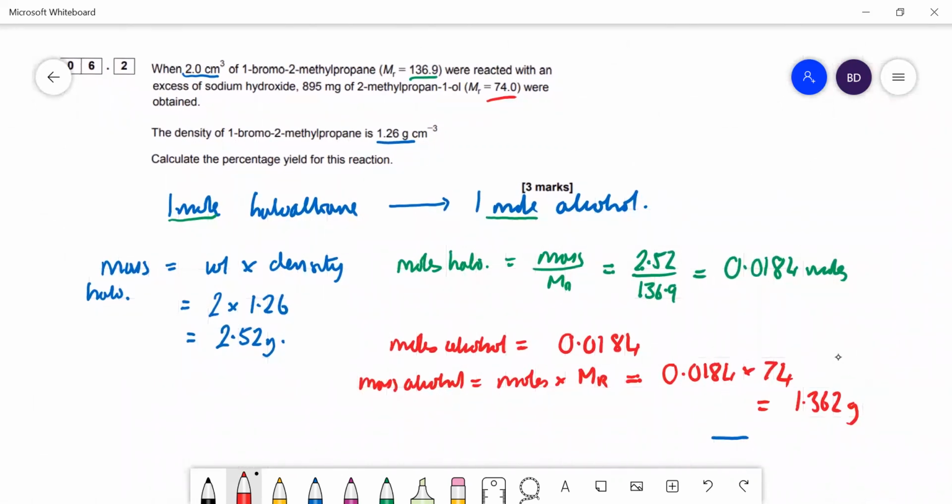Now, how much did they get? They got 895 milligrams. Okay, so percentage yield is actual over expected multiplied by 100. The actual yield was 895 milligrams, so that's equal to 0.895 grams.